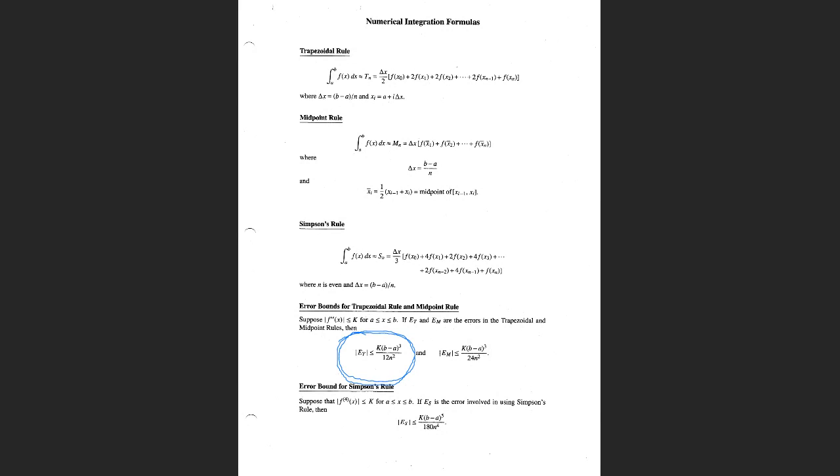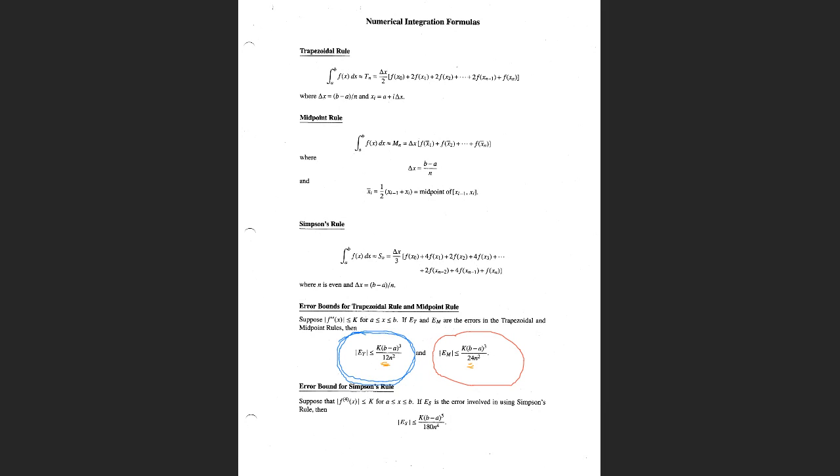You'll notice that the error bound formulas for the midpoint rule and the trapezoidal rule look almost the same, except what's the one difference? Well, the 12. One of them has a 12 in the denominator, the other has a 24.